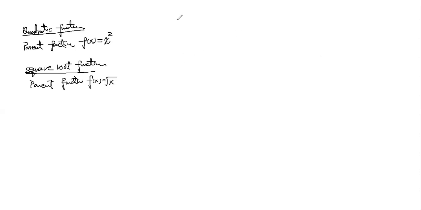So for the parent function for the quadratic, every time you do it, you always have a few key points you need to know. Those are the key points that will help you do the transformations, right?